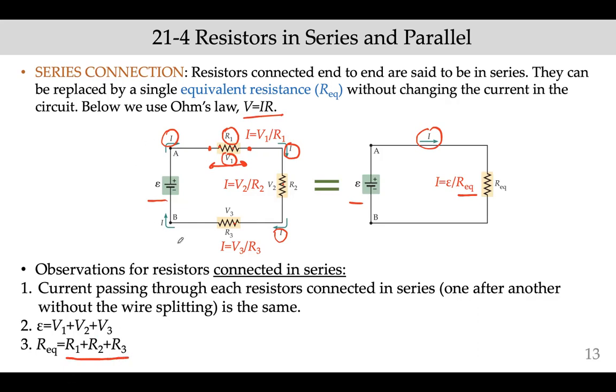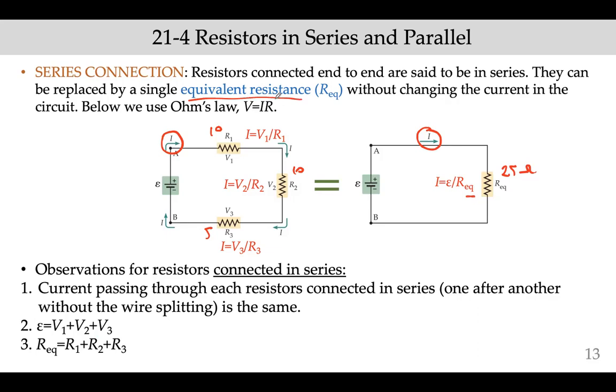Let's say this is 10 ohms, this is 10 ohms, and this is 5 ohms. Instead of these three, you can use a resistor of 25 ohms, and it would create the same current. Req means R equivalent, the equivalent resistance.